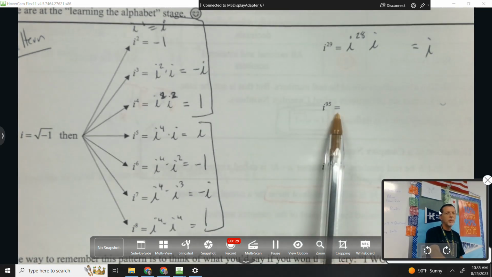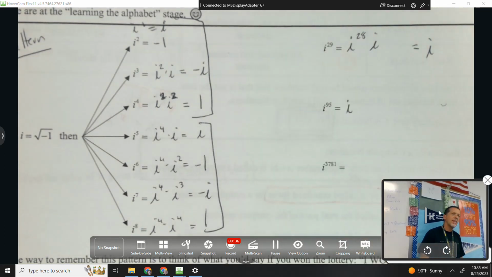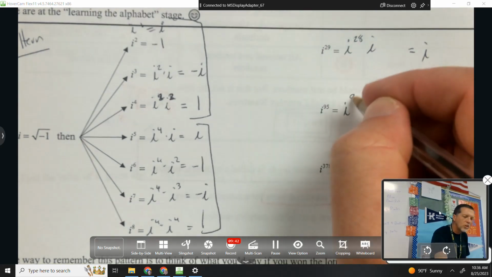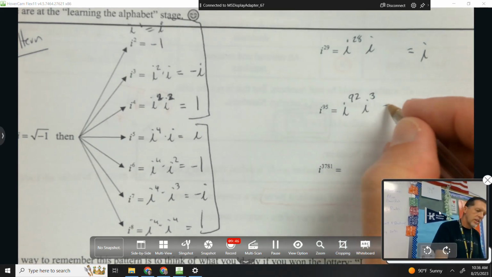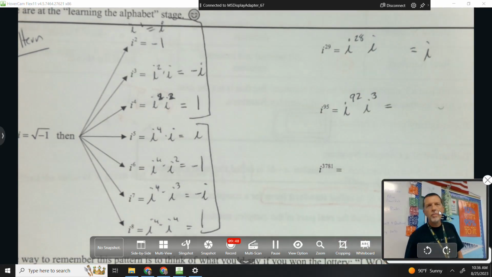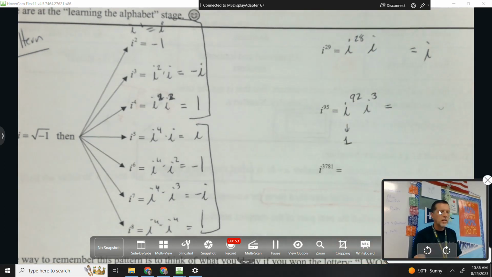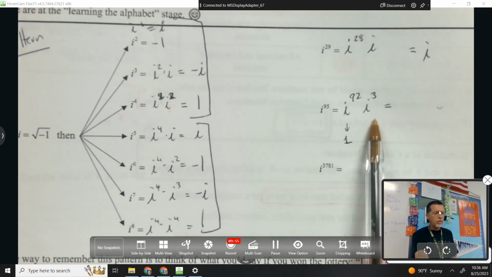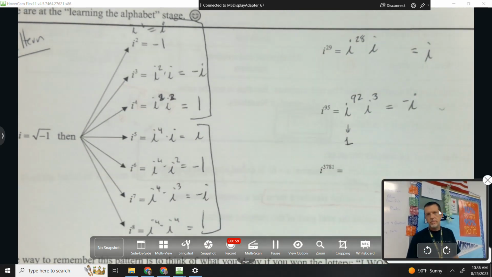So what's a multiple of 4 that's slightly less than 95? A multiple of 4 less than 95 would be 92. That leaves 3 left over. And again, we like the multiple of 4 because that means it's just 1. i cubed is negative i.